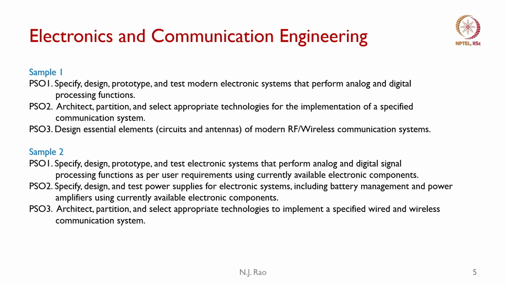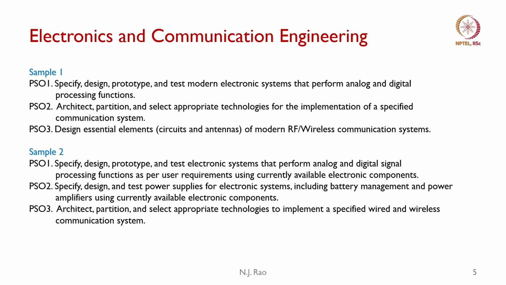Whereas if you go to sample 2, PSO1: specify, design, prototype and test electronic systems that perform analog and digital signal processing functions as per user requirements using currently available electronic components. Sample 2 talks about something similar to PSO1, except it emphasizes you should be able to do that with currently available electronic components.